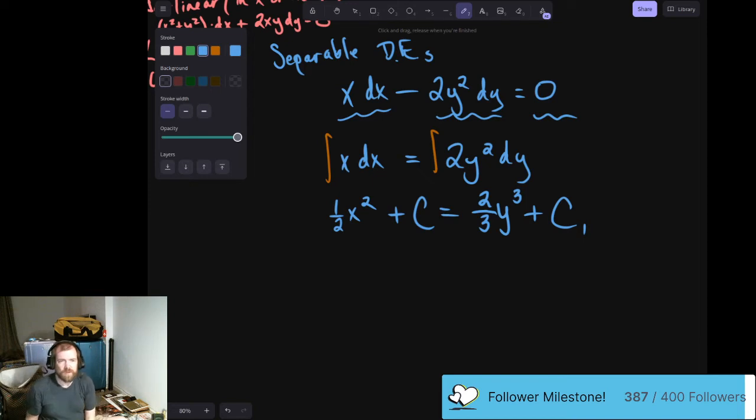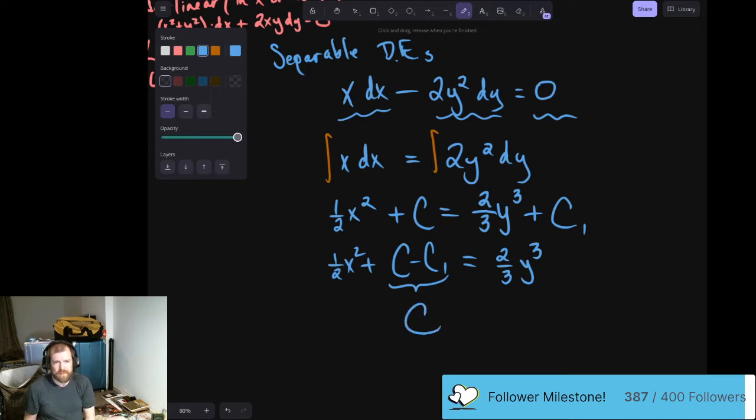So let's shift everything not y to the left-hand side, which means that we get like c minus c1 plus a 1/2 x squared, and then we're going to eventually deal with the coefficients there. So 2/3 y cubed, and this here is just a constant, so whatever. It doesn't matter. We could just label it, all right, let's just c.